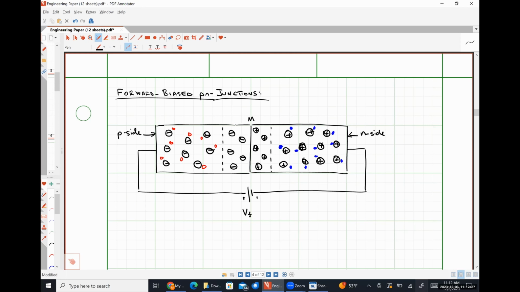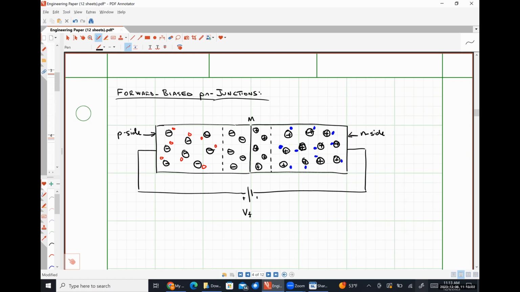So what does this mean very specifically? Well, we are applying effectively an electric field over the width of the depletion region. How is the direction of this applied electric field going to compare to the internal electric field caused by the? Absolutely right.